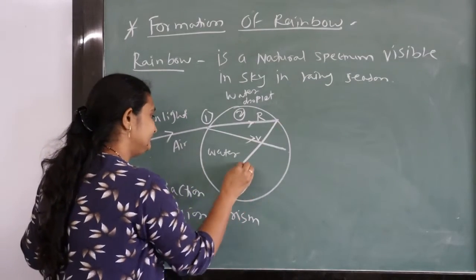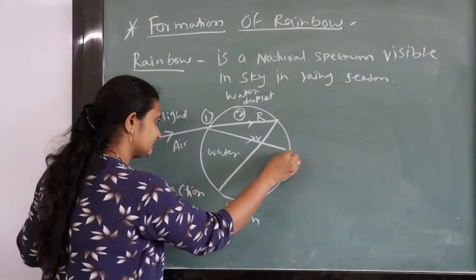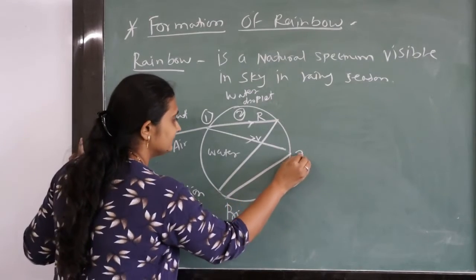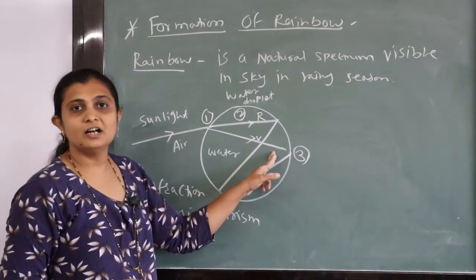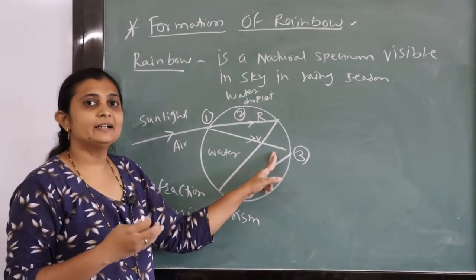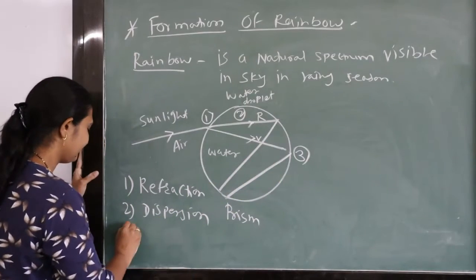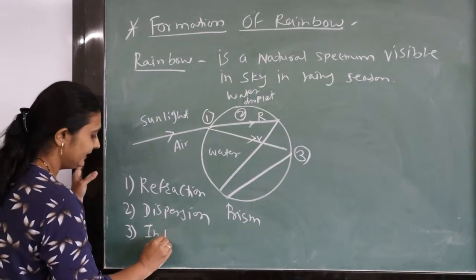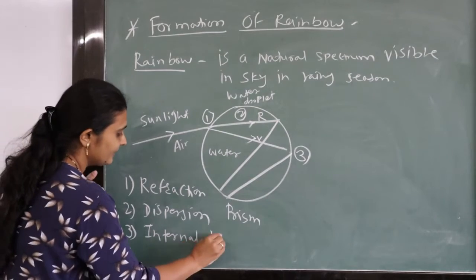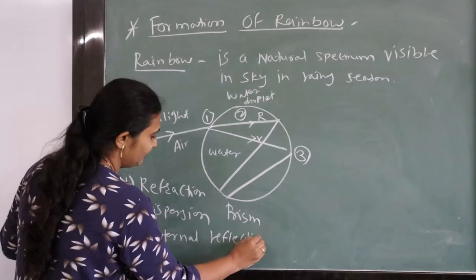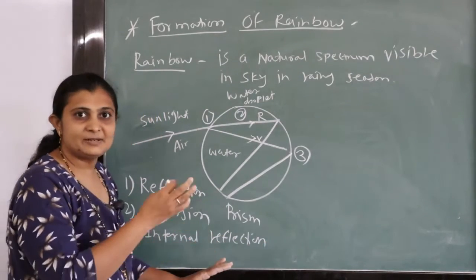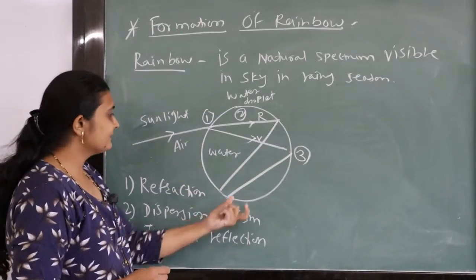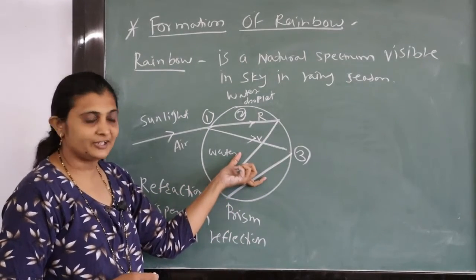Now here I write the third one. What is the third phenomenon? It is the internal reflection. About reflection we already saw in chapter number 10. Then this one is the internal reflection.